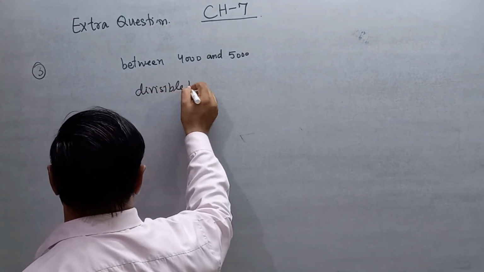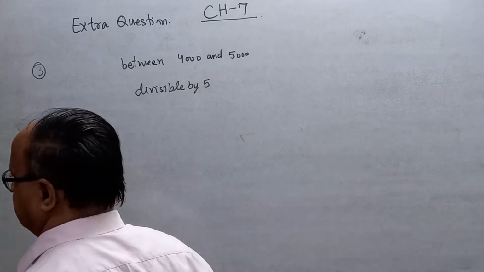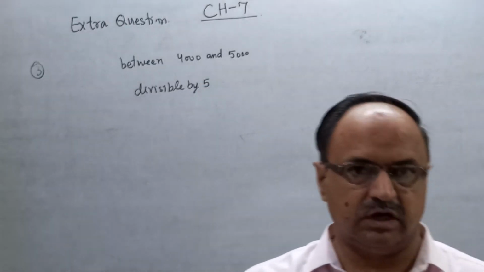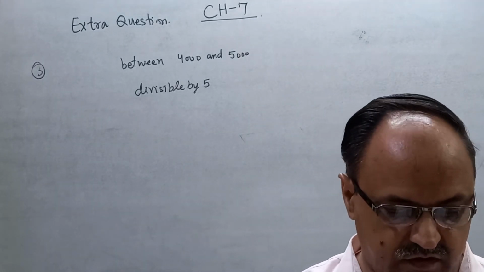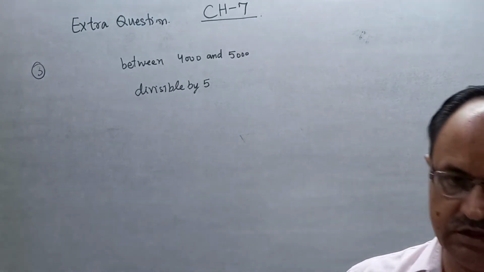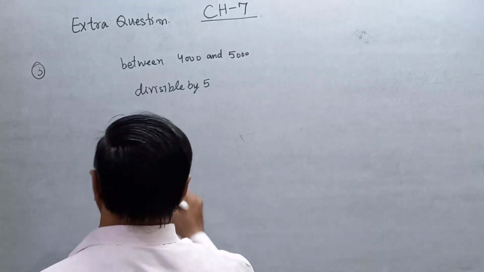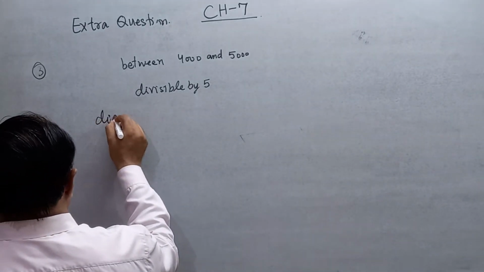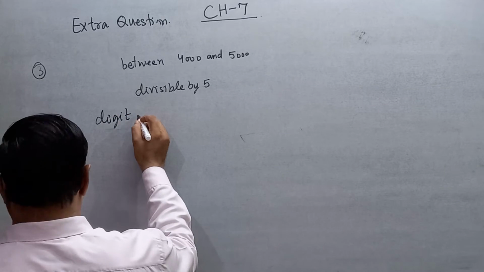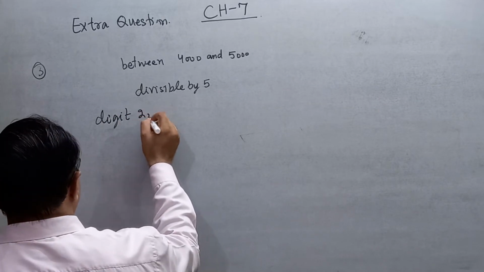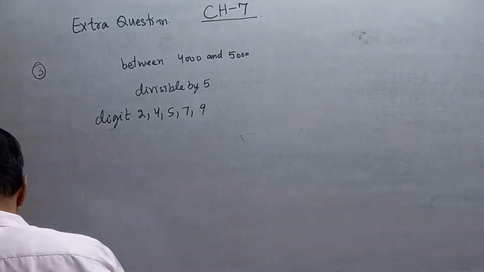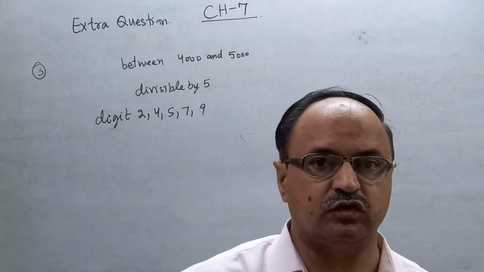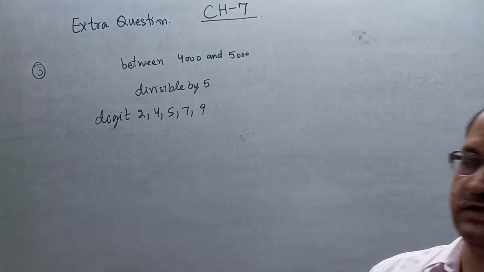How many numbers lying between 4,000 and 5,000 divisible by 5 can be formed from the digits 2, 4, 5, 7, 9.